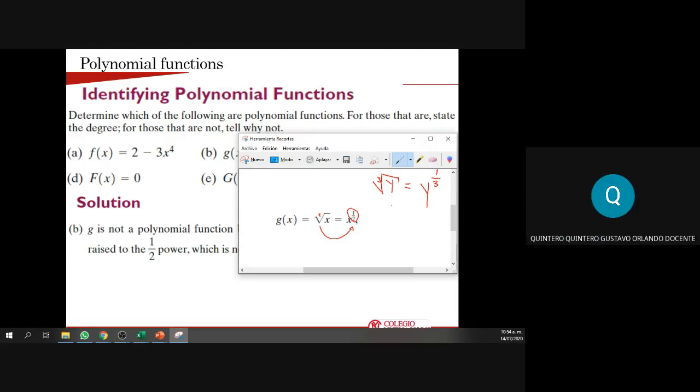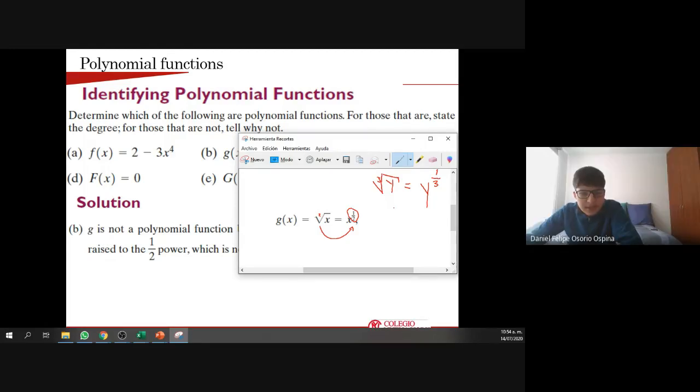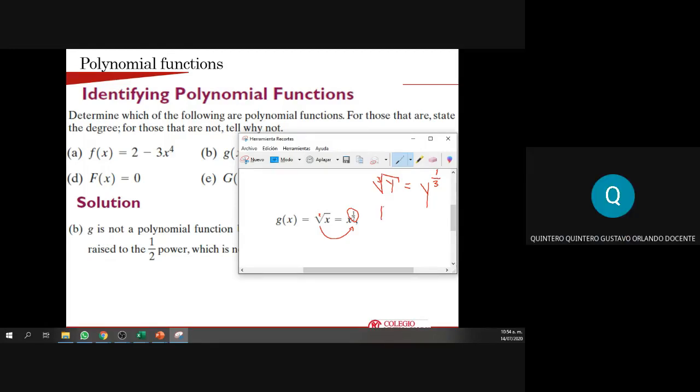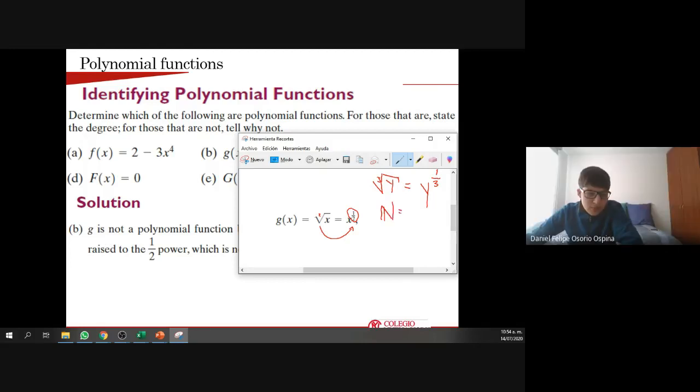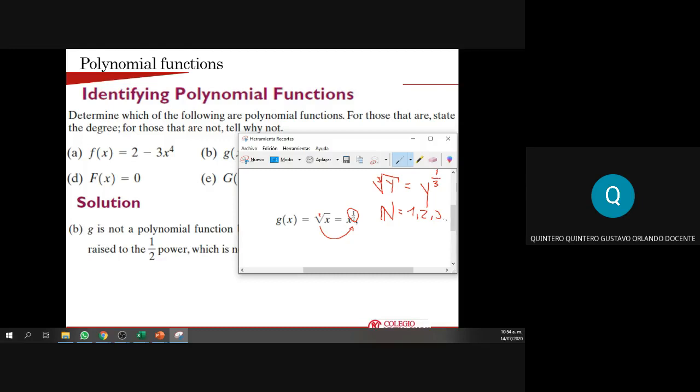I asked you a question. Do you remember what the natural numbers are? Yes. Which ones? All right, so let's see. Natural numbers: 1, 2, 3, 100. Danny, you are correct. 1, 2, 3, and so on and so forth, 10, 11, all of those, right? 1/2 is not a natural number.